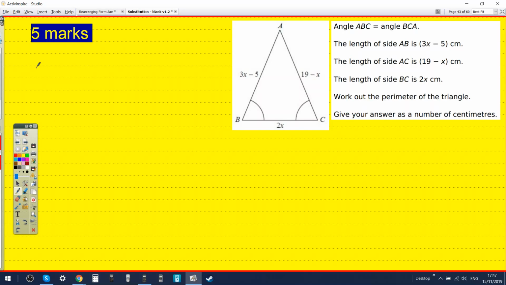Okay. And that's the perimeter. They want the actual number.